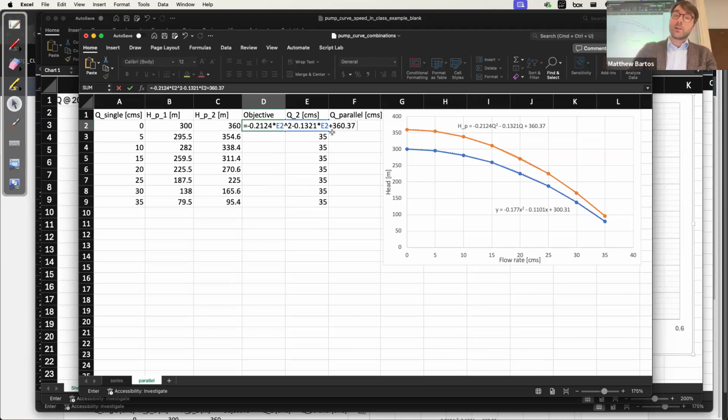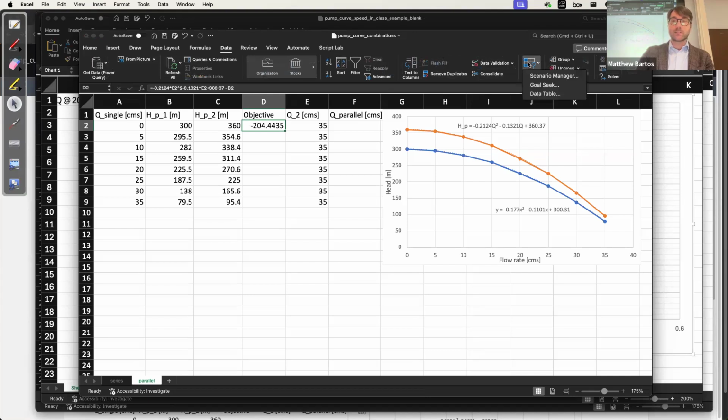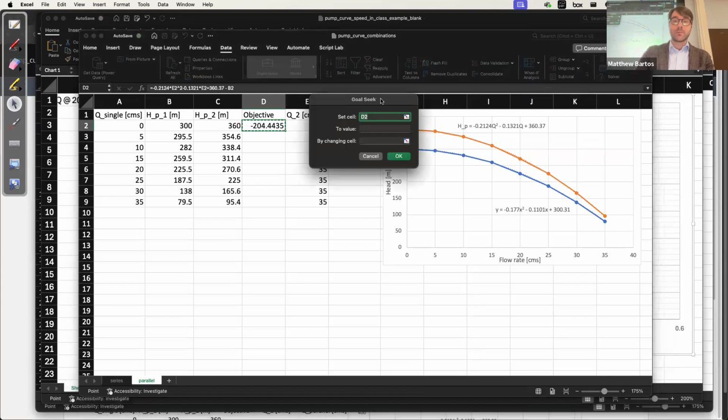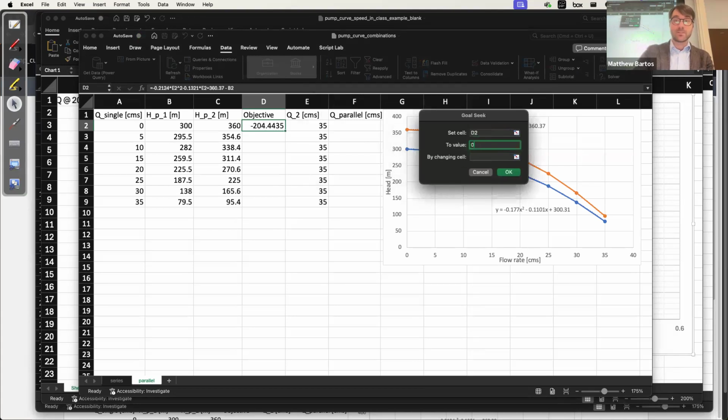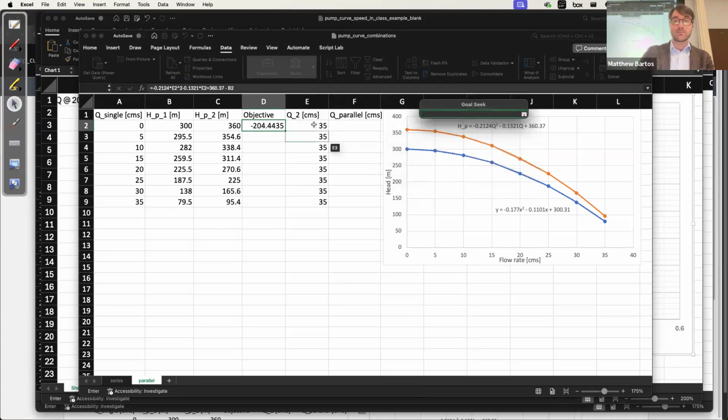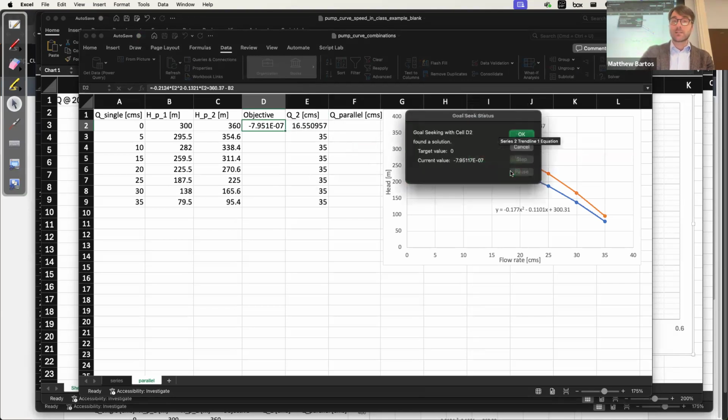So that is our polynomial, and we're going to subtract the head that we're trying to make that polynomial evaluate to. So now if I go to goal seek, I'm going to set cell D2 to value of 0 by changing cell E2. And if I do that, I end up with a discharge of about 16.55 cubic meters per second.